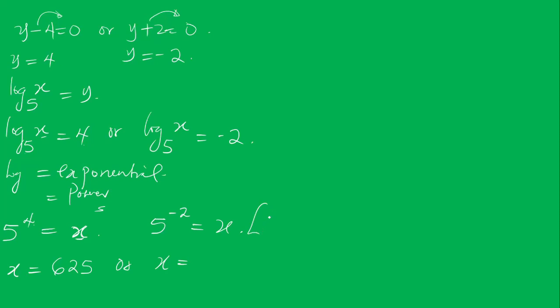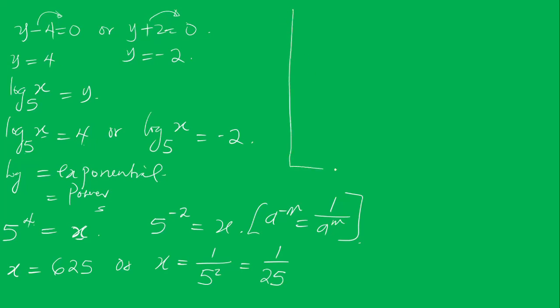Applying the expression where a raised to the power minus n is equal to 1 over a raised to the power n, you now have 1 over 5 squared, which is 1 over 25. So x is equal to 1 over 25, or 625.